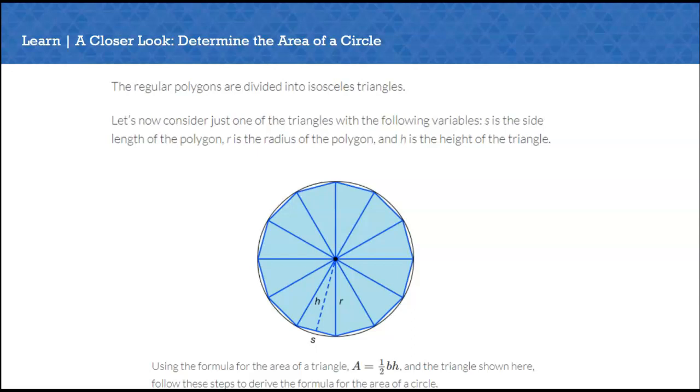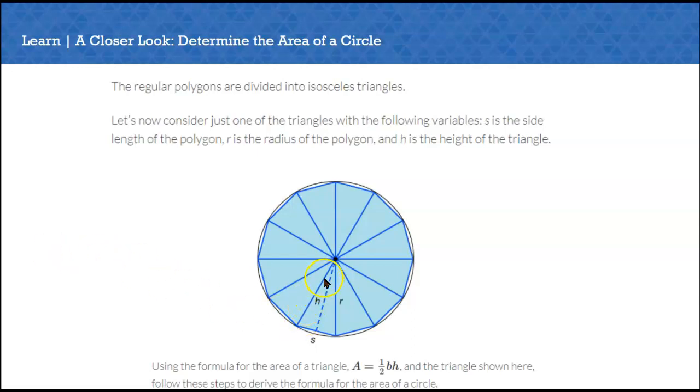S is the side length of the polygon, R is the radius of the polygon, and H is the height of the triangle. Using the formula for area of a triangle, we see that area equals half times base times height.